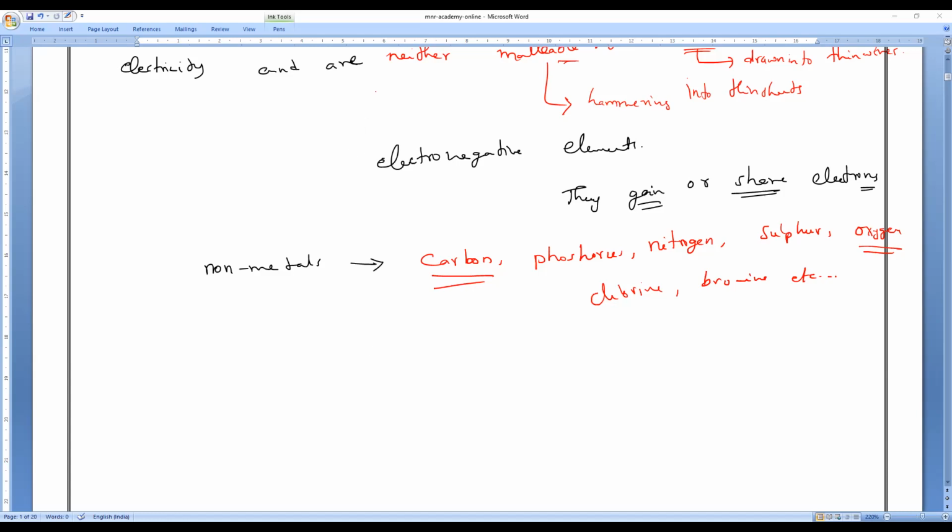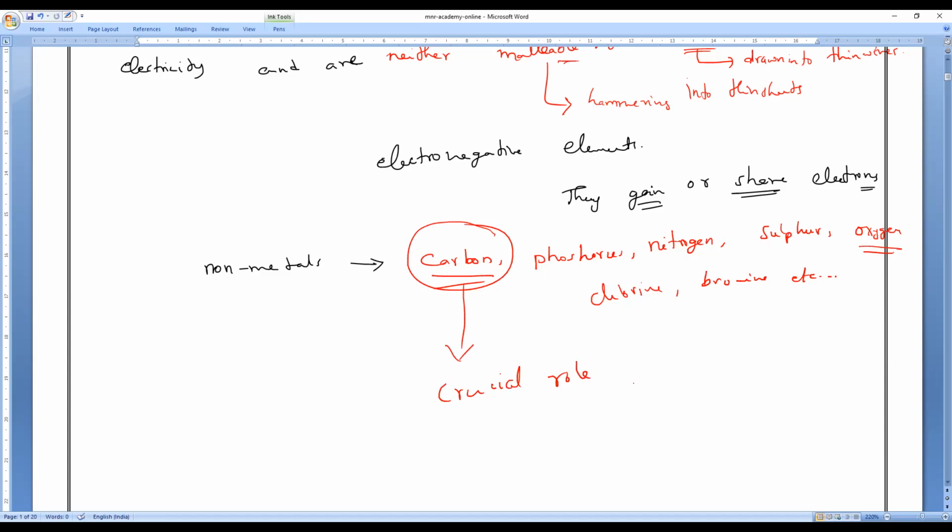So the most important non-metal, of which entire life is made, all the living organisms and our body, is carbon. Carbon plays a very crucial role in our daily life.